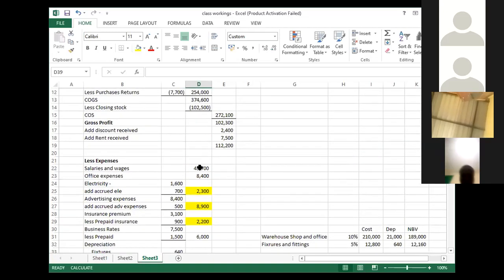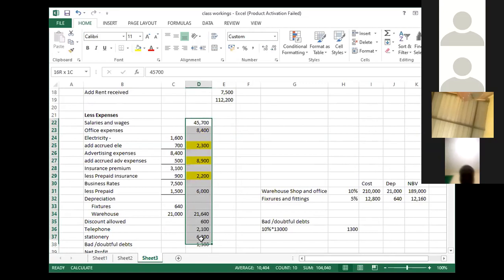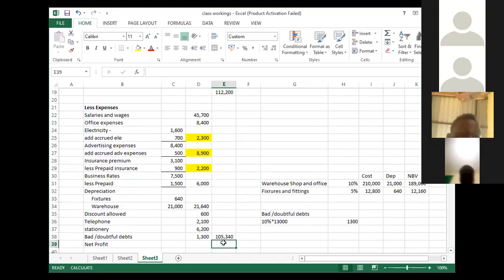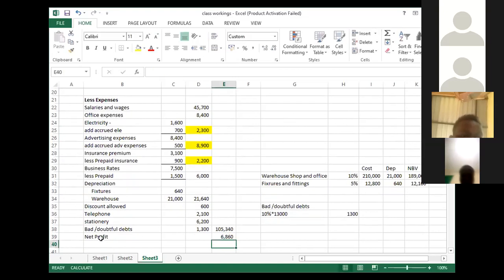And therefore, here I'll add all of this to get 105,340, right? Is that what you're getting? And therefore, my net profit will be equal to 112,200 minus 105,340. That will be my net profit.